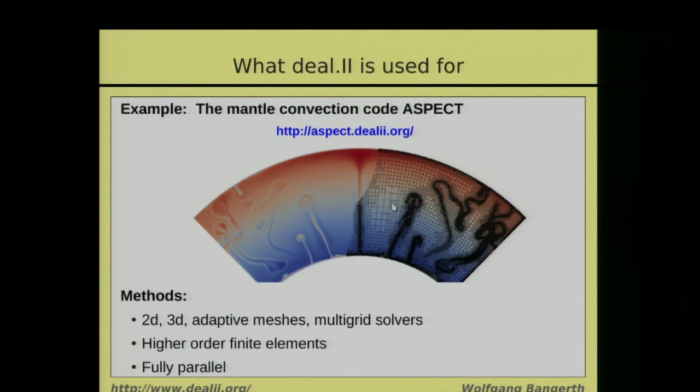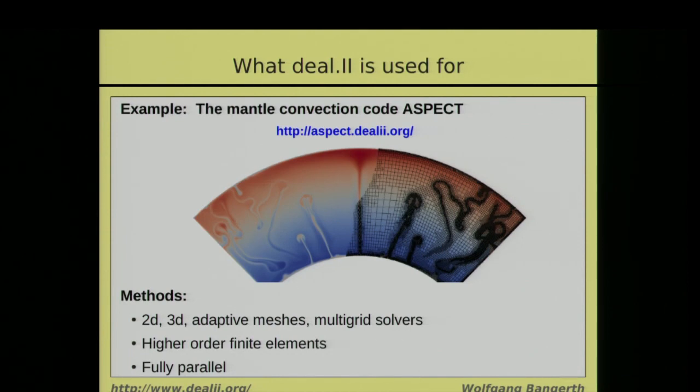So we need a code of this kind, and we found that it's efficient to use higher order finite elements because we can get a more accurate solution. It turns out that to solve these sort of problems in 2D and 3D, we need to run this on hundreds or thousands of processors. So that is just one of the examples of codes that you can build on it.